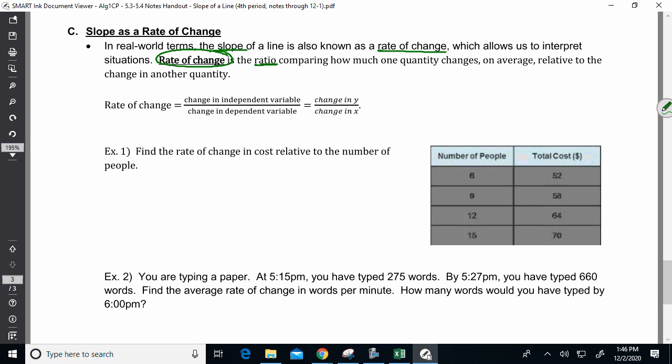So rate of change is change in the dependent variable over change in the independent variable. Independent is what you have no control over. Dependent variable is what you can control.